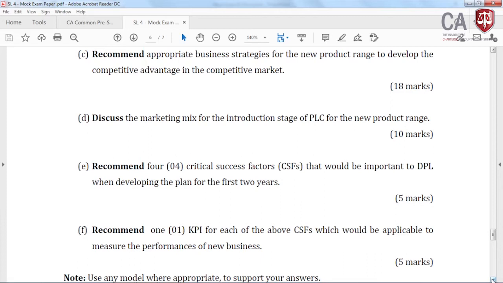So, what are critical success factors for this industry, the malted milk powder industry? This part F is also connected with that. Recommend one KPI for each of the above CSF which should be applicable to measure the performance of the new business.